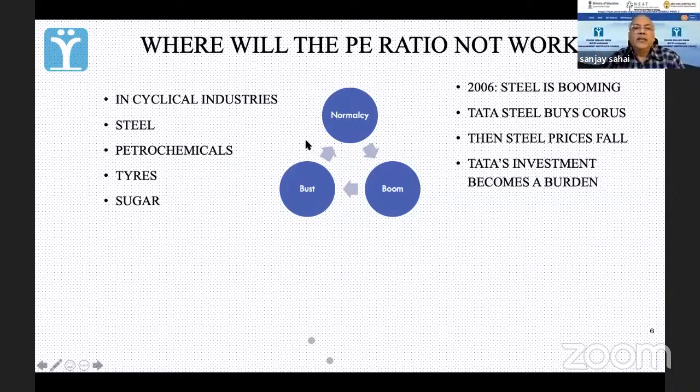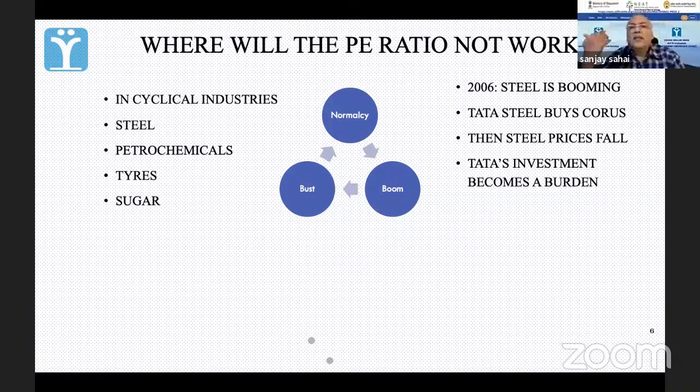So what will happen is that, let's say this is the normal situation. The share price is, let's say, not very high, not very low, it's somewhere here. Then share prices begin to go up. It goes up, there is a boom. And you have this huge increase in share prices.